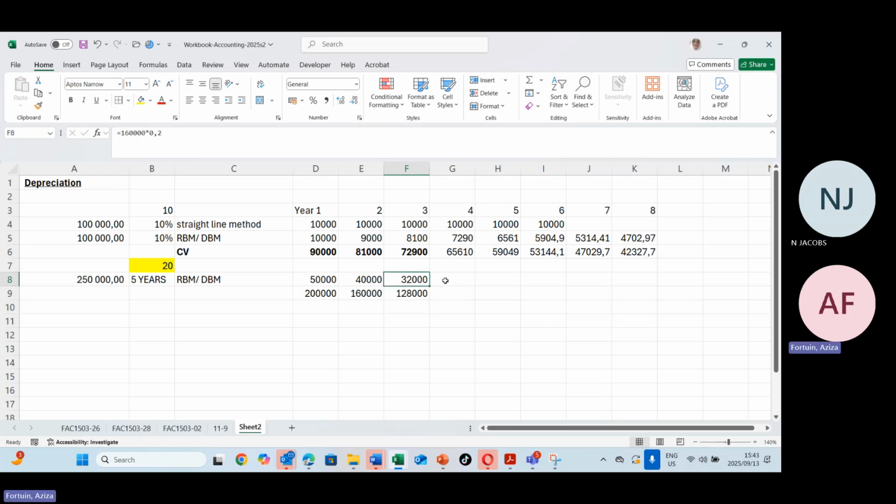And then the next one? Next one, year 4. $25,600.